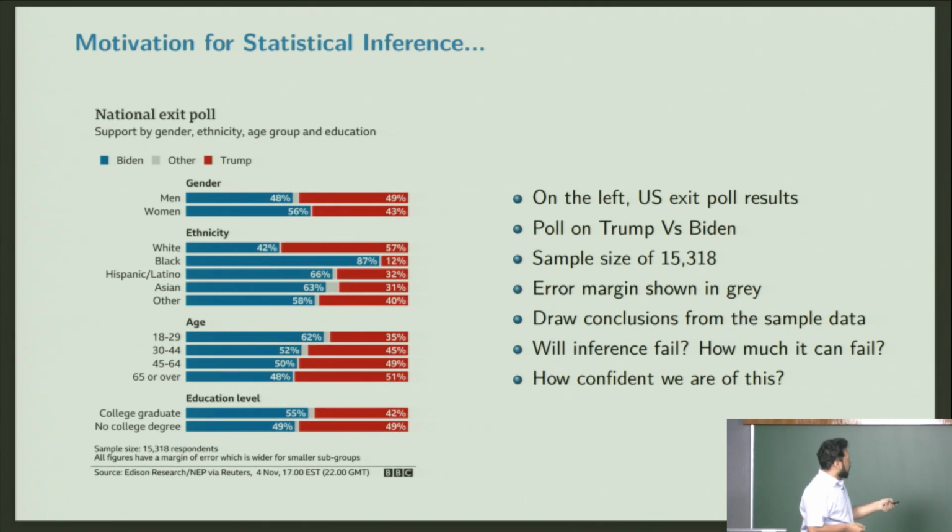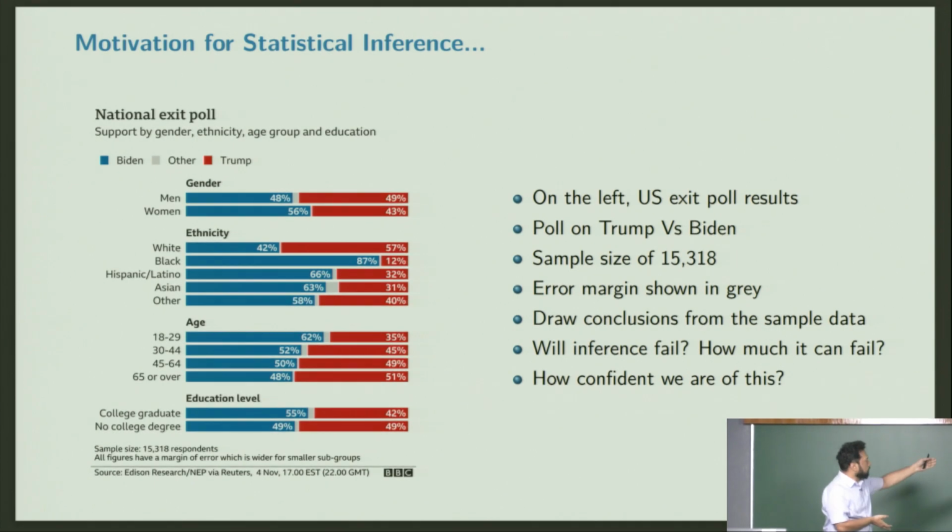So these are the statistical data we have. College graduates, like 55% prefer Biden, and then 42%, and so on. Statistical estimation would mean that I go out in the field and collect samples.